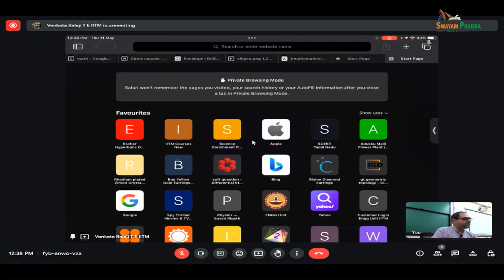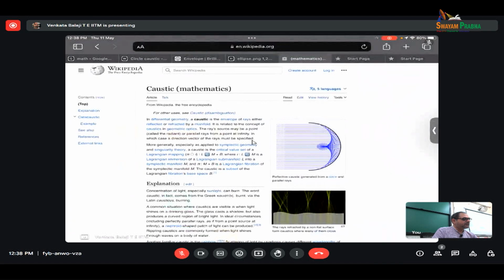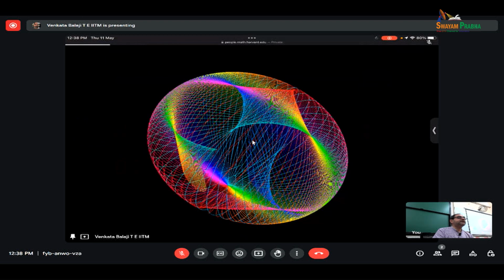So you can see, I think if you just go down, I can show you, there are many things I wanted to show you. So you see, these are the caustics you get on an ellipsoid.